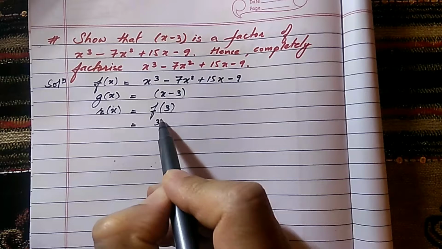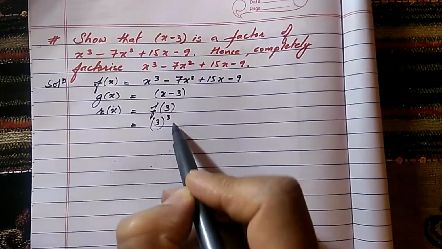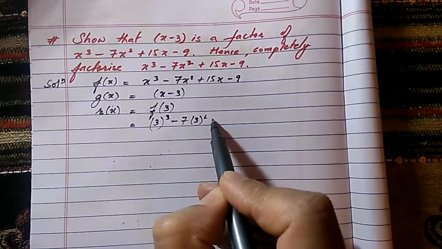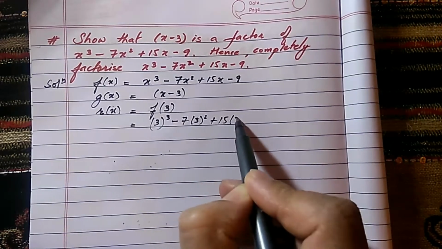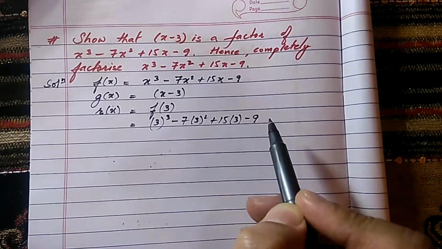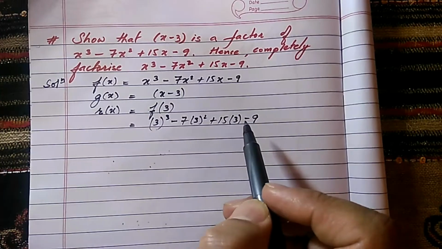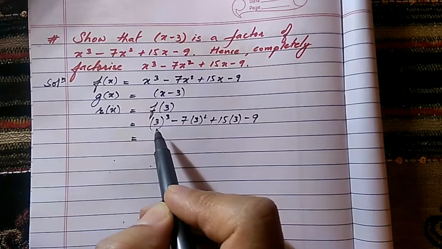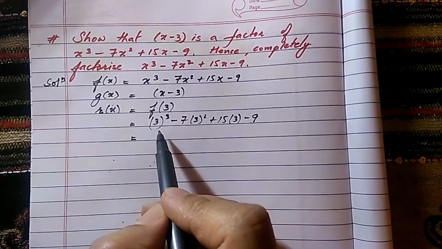So when we write 3 here, we get 3 cubed minus 7 into 3 squared plus 15 into 3 minus 9. Let us quickly simplify this and find out whether we get the answer 0 or not.